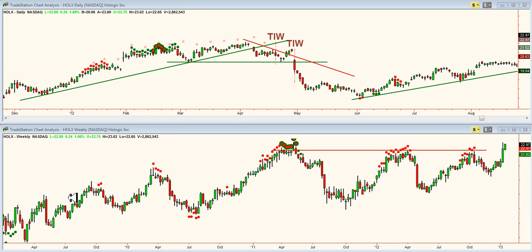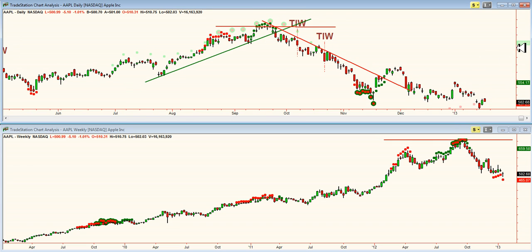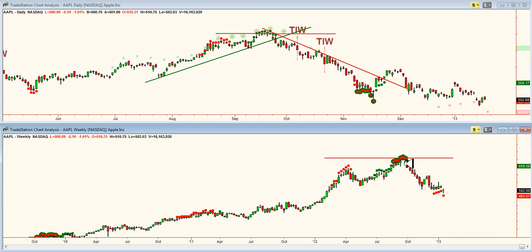How about Apple? Another very popular stock. High candle count on both the daily and the weekly chart, and you can see that again superimposed here on the daily chart. Trend line up.